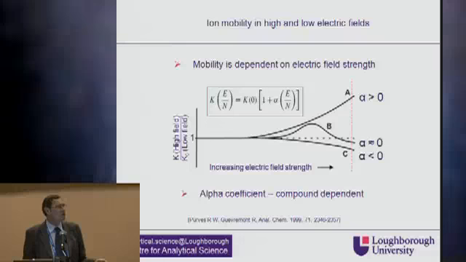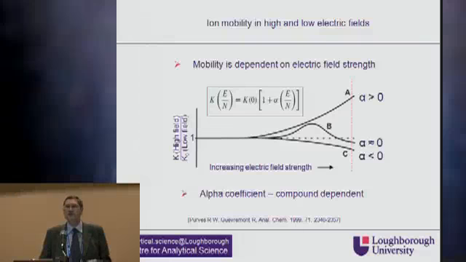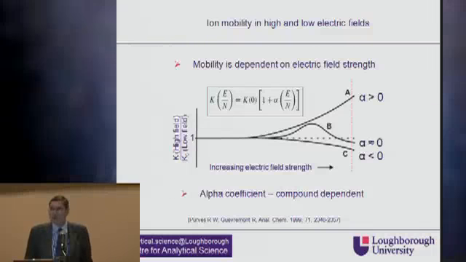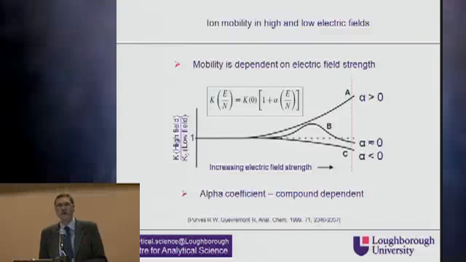So if we were to look at the difference in mobility somewhere here in the origin and somewhere out here under high field strengths, then that will be associated with the alpha coefficient, and we have the potential to separate compounds on the basis of their difference in ion mobility under low field and high field conditions rather than on their absolute mobility. And that's the basis of the FAIMS or differential mobility technique.